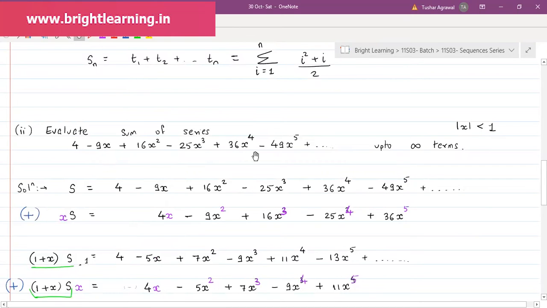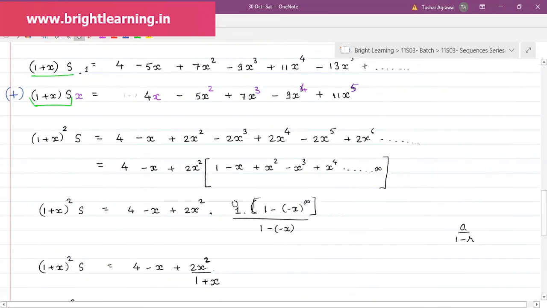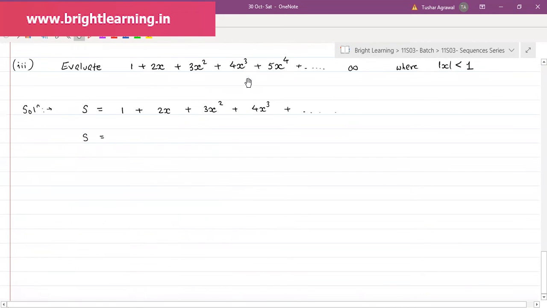The differences were in arithmetic progression. The differences 5, 7, 9, 11, 13 and so on. So this was a two-step question. The shifting position and multiplication we had to apply 2 times. But here it is simple, the coefficients themselves are in AP.